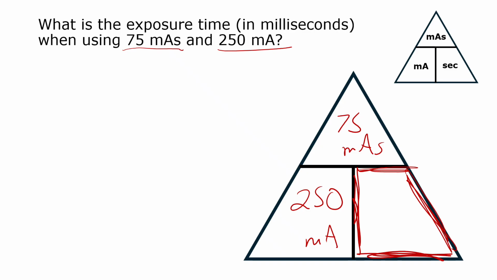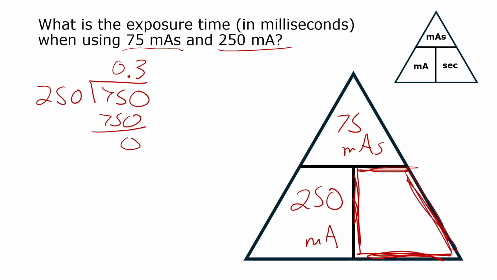So we're going to take 75 divided by 250. 250 does not go into 75, so we're going to add a 0. 250 can go into 750 3 times. 3 times 250 is 750. So our answer in seconds is 0.3 seconds.